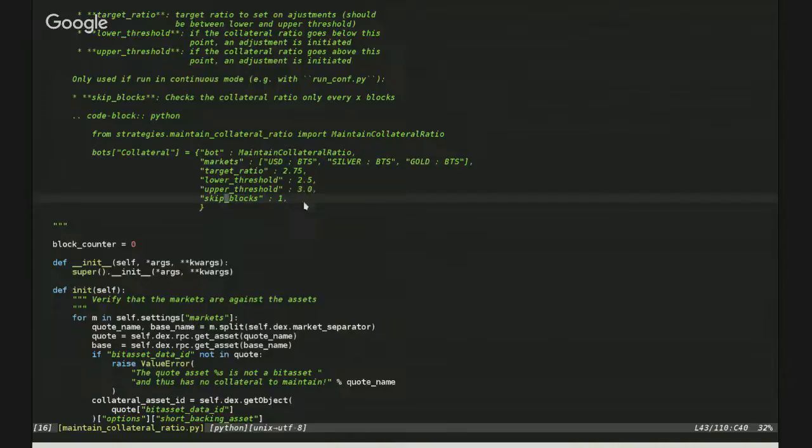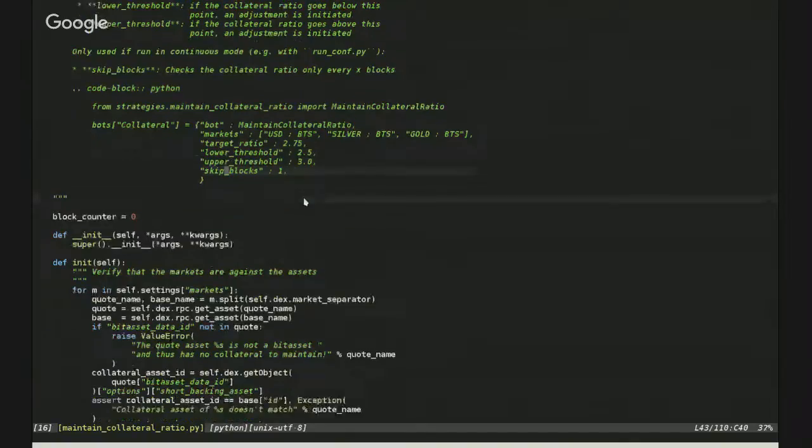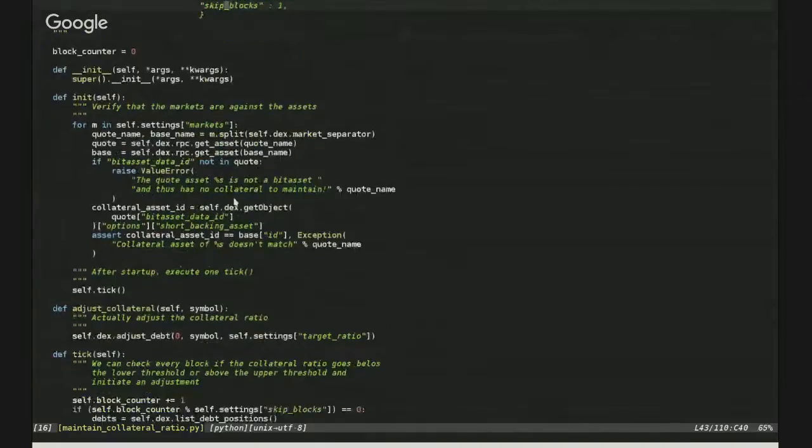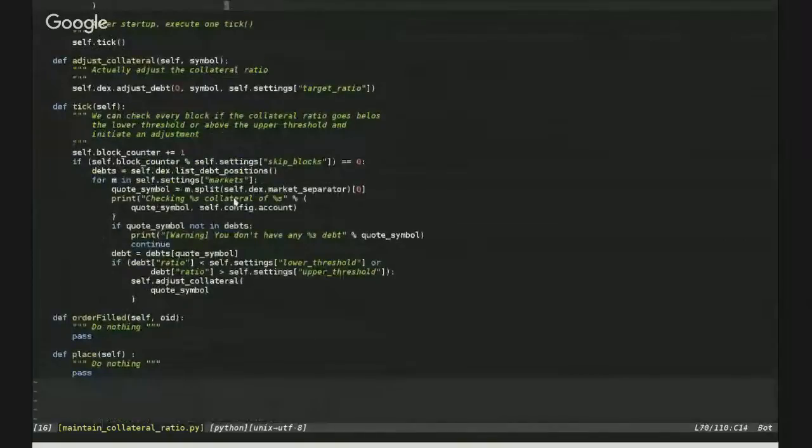And if it crosses those two thresholds, then it will be updated to be 2.75. So if the price goes in your favor, then the collateral ratio will not be higher than 3 because you may want to have the liquidity. And it pretty much works the same way as the core exchange rate updater.